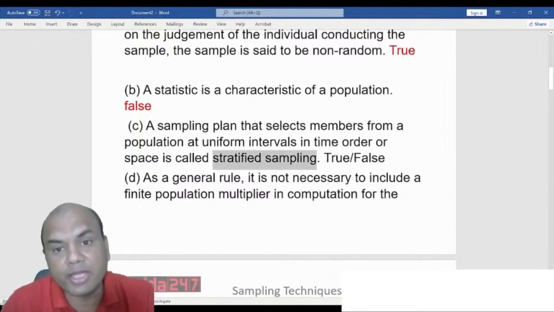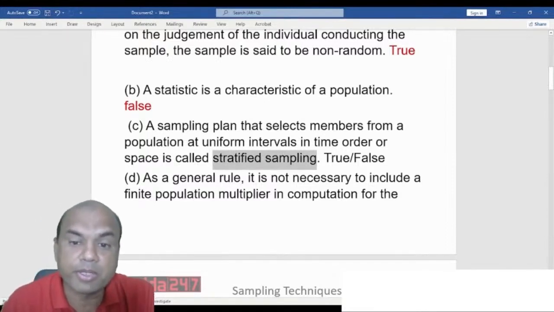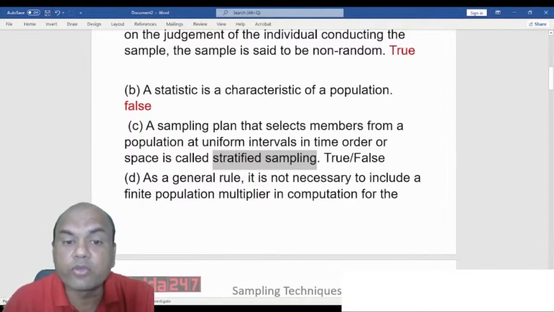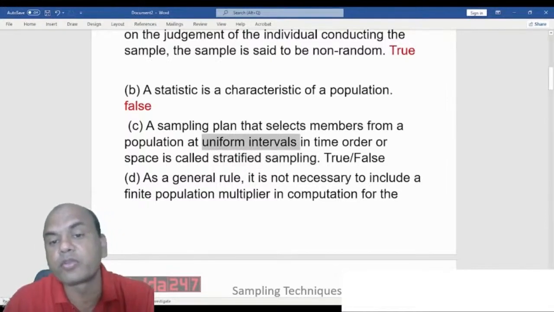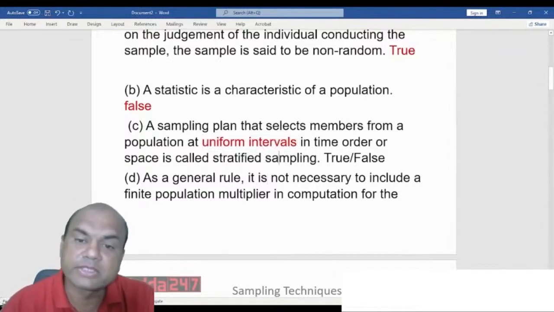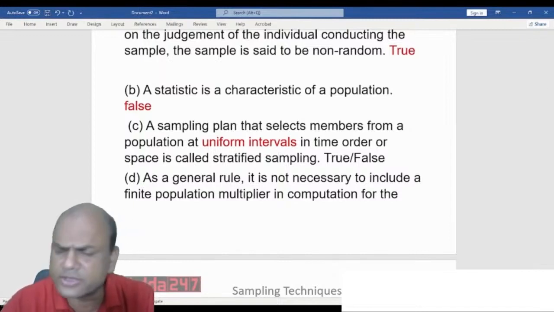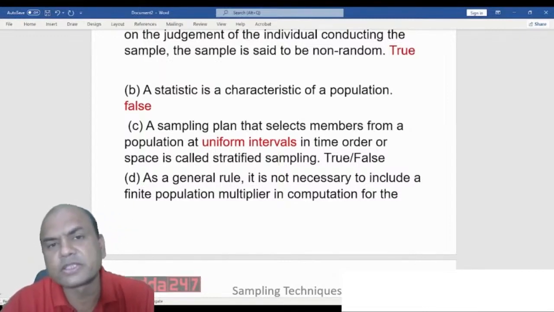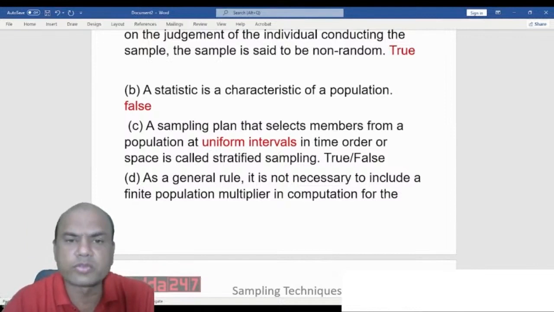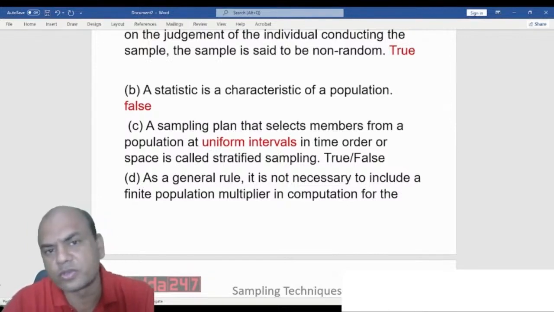Uniform intervals is an important phrase here. So the sampling plan which selects the members at uniform intervals is called stratified sampling. Is it true? Type fast in the comment section. True or false? What do you think?